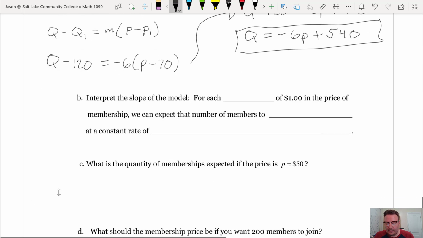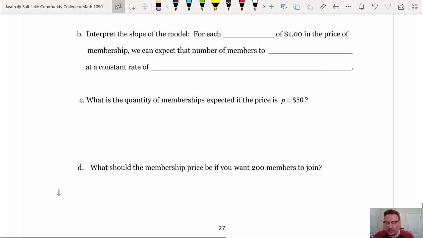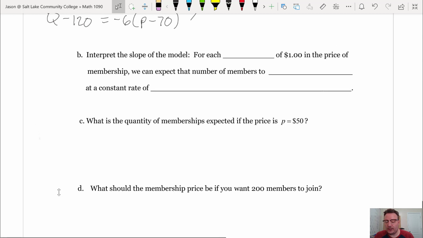So let's see now. Interpret the slope of the model. For each blank of $1 in the price of membership, we can expect the number of members to decrease at a constant rate of 6, right?